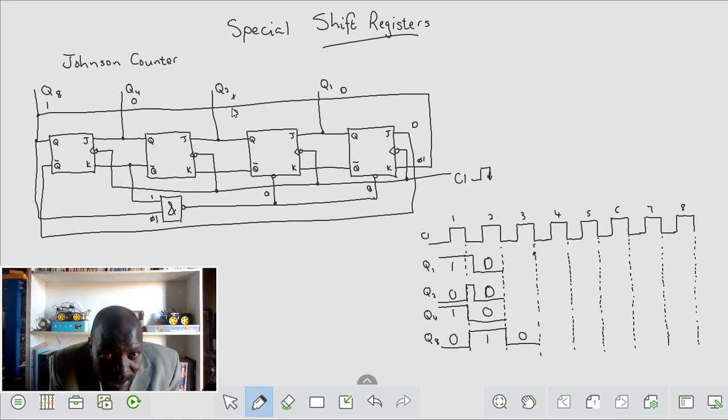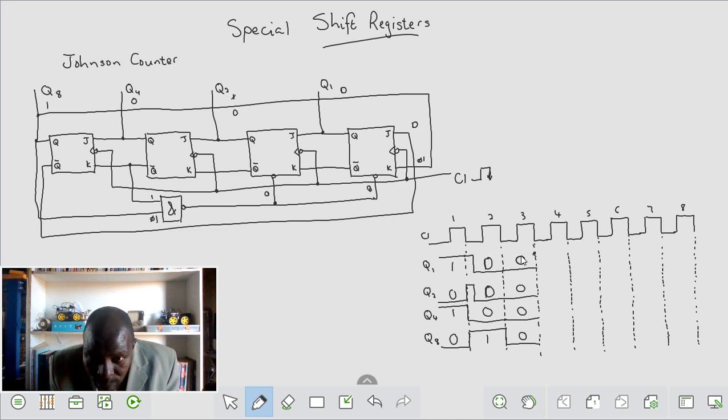That 0 goes to Q4. That 0 goes to Q2. And this 0 here is behaving like a what? 0 1, it makes it act like a what? It will follow the what? The Q will follow the J. It will behave like a what? A D type. So that 0 is fed through.